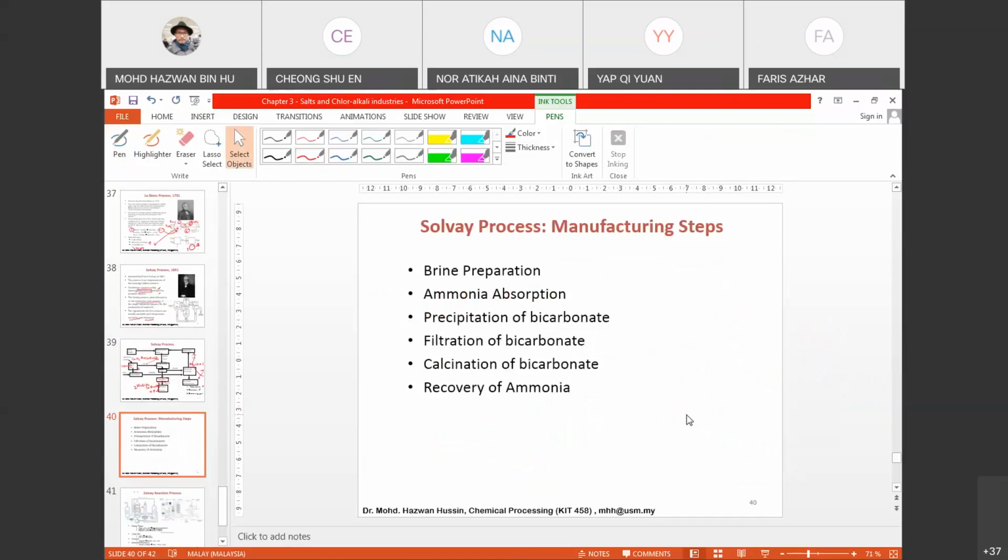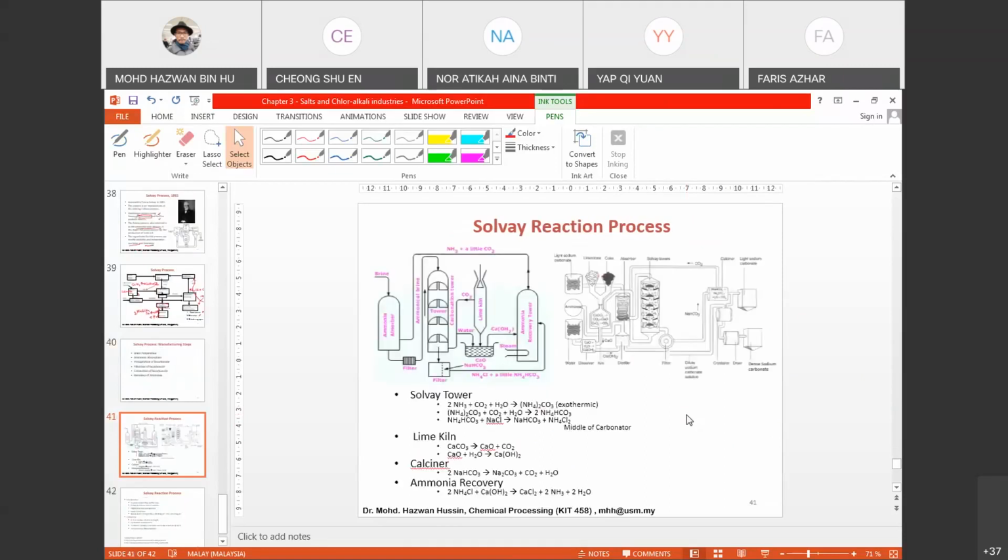Okay, so for the Solvay manufacturing process, you will require brine preparation, ammonia absorption, precipitation of bicarbonate, filtration of bicarbonate, calcination of bicarbonate, and finally recovery of ammonia. So this is the process, one by one, that I mentioned earlier.